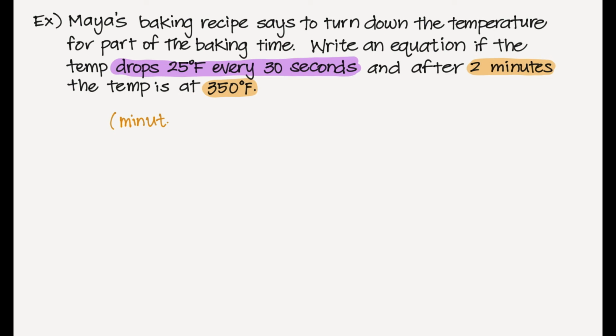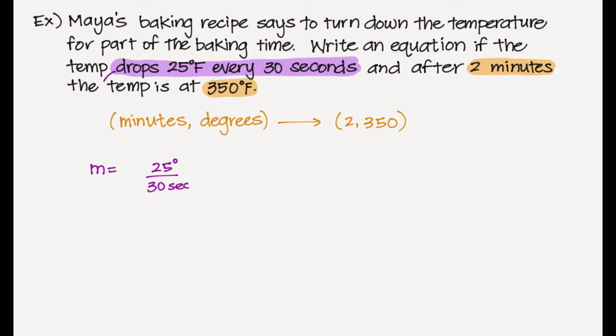So if I choose minutes to represent my x variable and degrees to represent my y variable, I can create a point, the 2 minutes, comma, 350 degrees Fahrenheit. So there's my starting point. And this purple phrase that I highlighted is really telling us the slope or the rate.